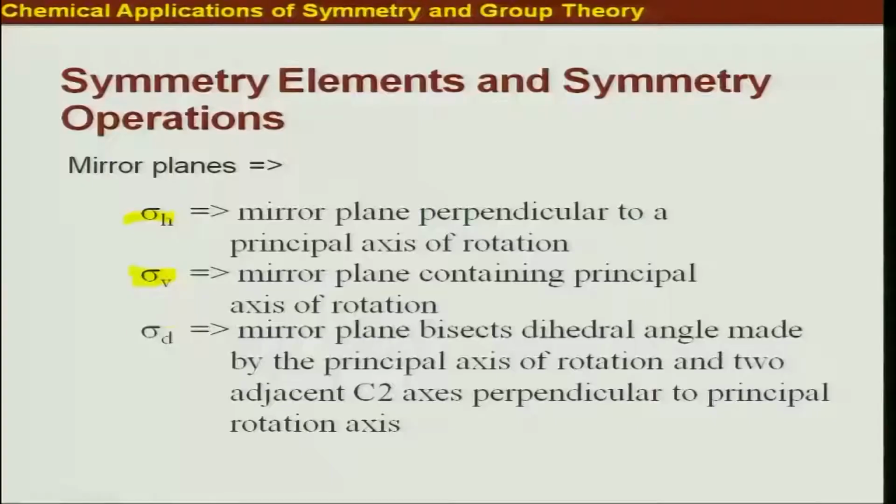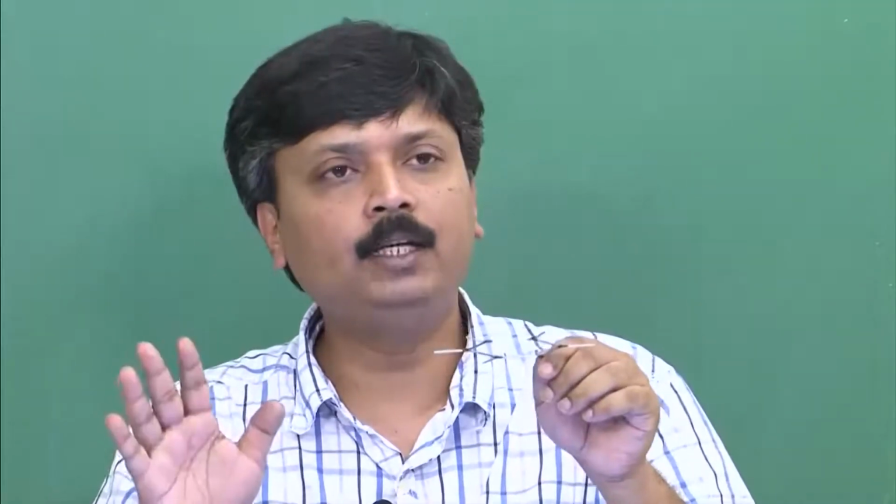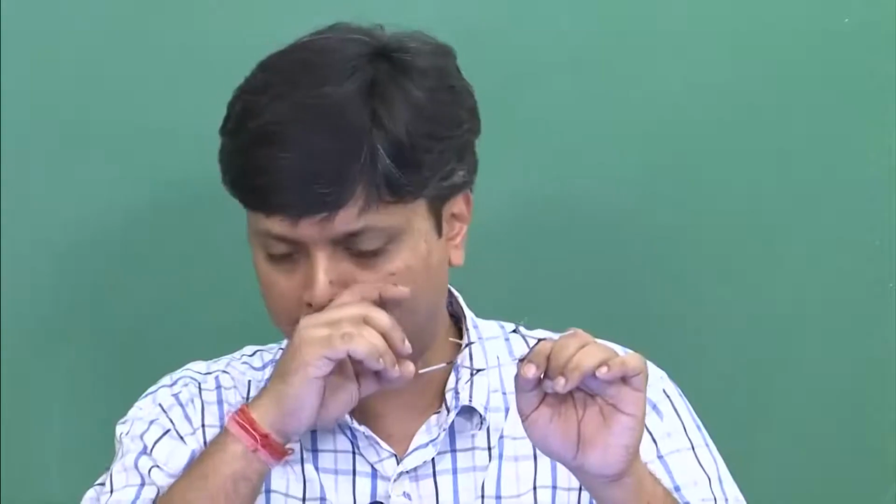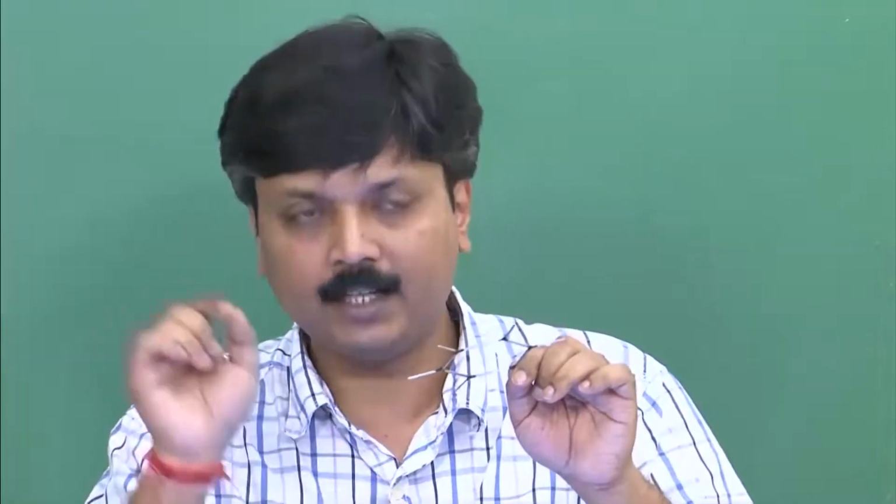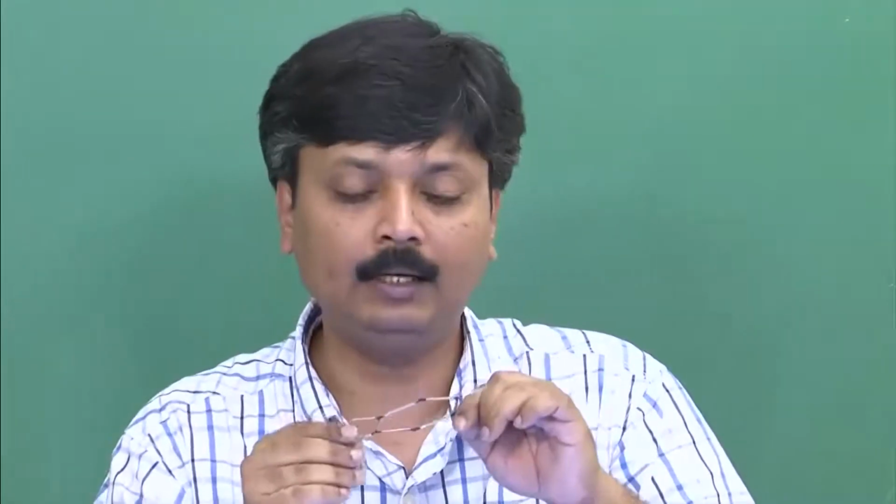Okay. Now what about sigma D? That is the other type of plane of symmetry. So sigma D is also a plane which contains the principal axis of symmetry, but it is different from sigma V in a subtle way. What is that? Let us have a look at it.